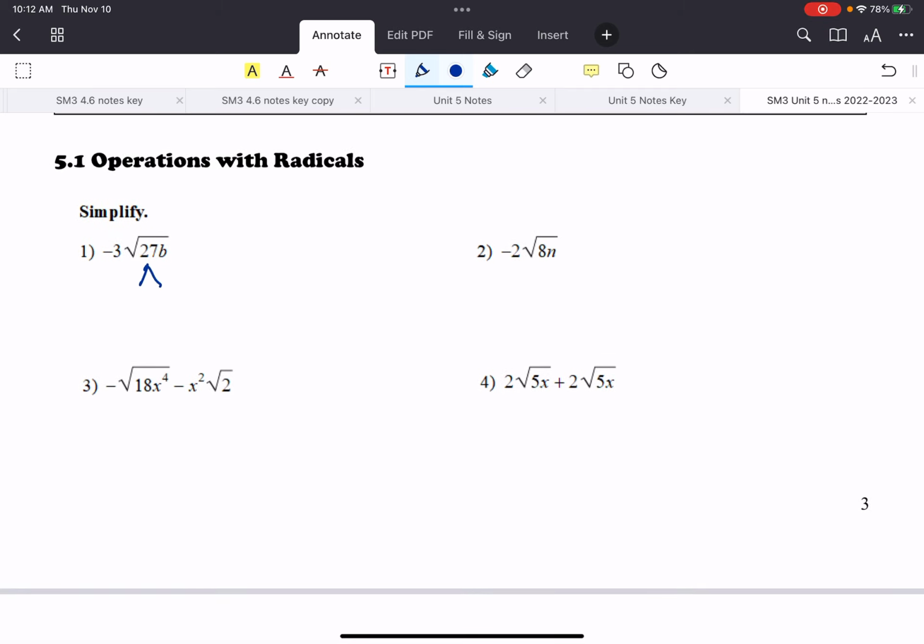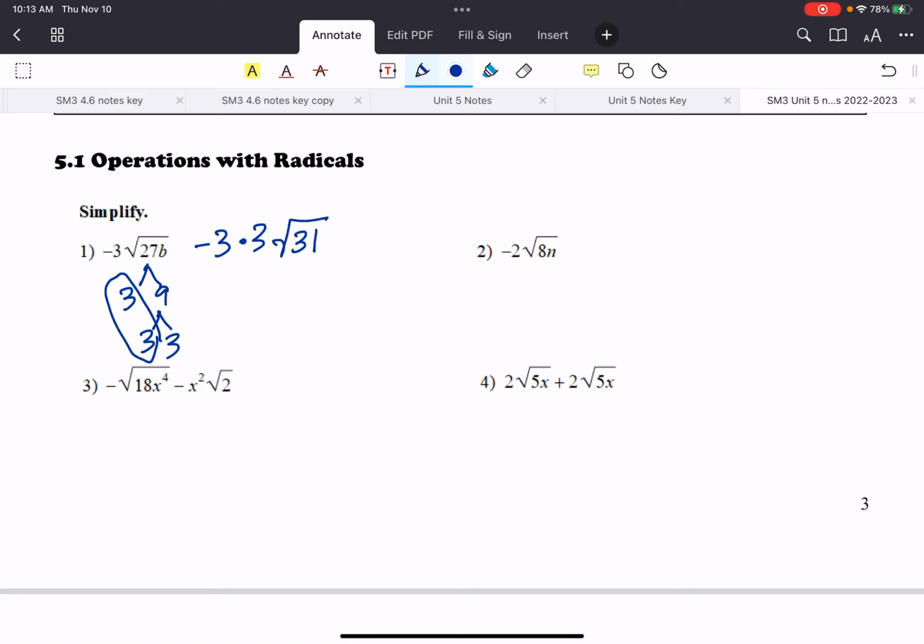So we need to use our factor tree. 3 and 9. And then, so this is a square root, so we need to find two numbers that match, right? Exactly, so we have 3 times 3 because we had 2, so we could take 1 out.